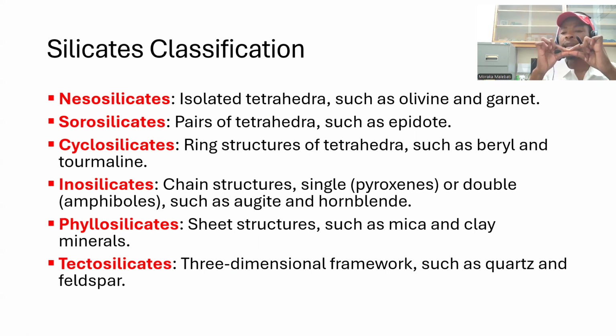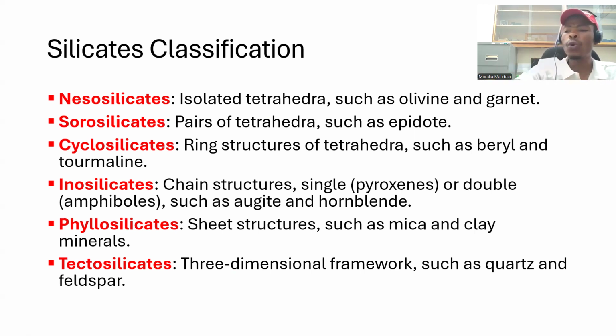But now for cyclosilicates, you take these pairs which share a single point, and connect them in a ring-shaped pattern, so that they start to form a circular pattern. So basically that's that.